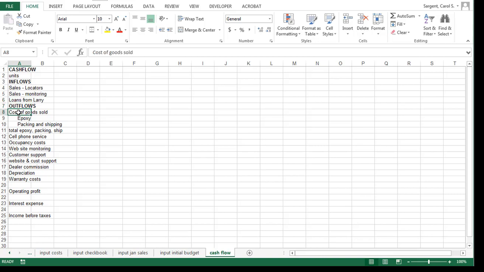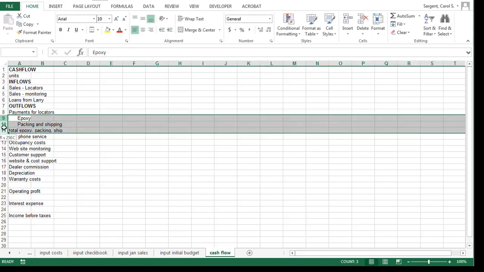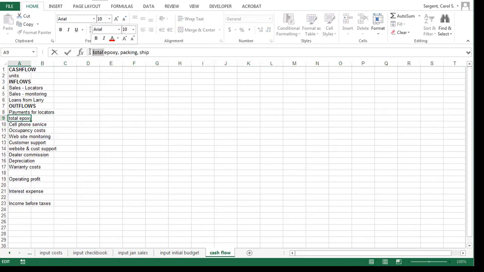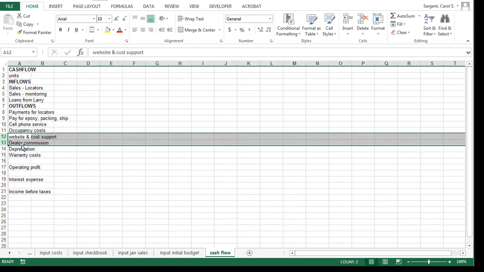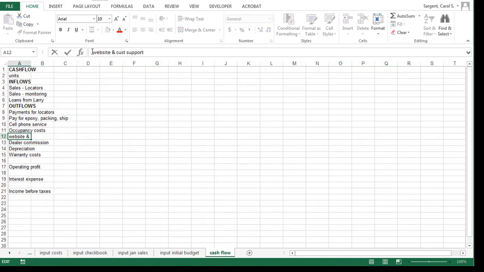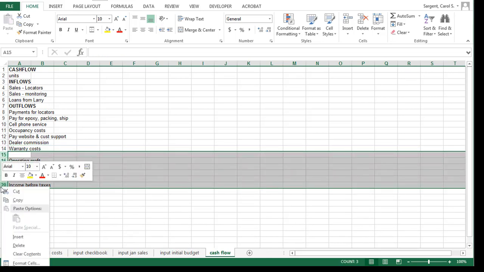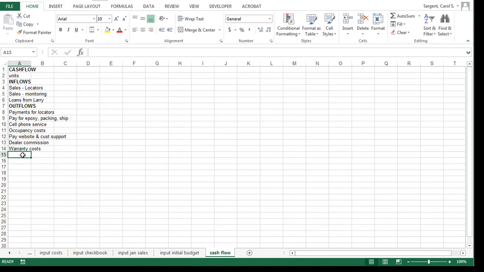And then the outflows. All right, there's no payment for depreciation. These line items are not on the cash flow statement.